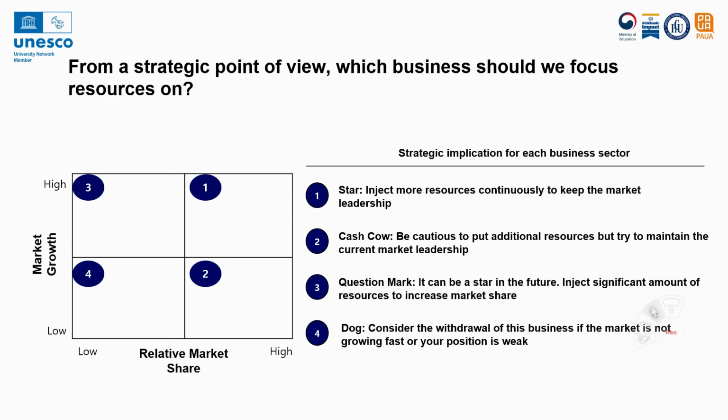You may say that you have to spend a lot of money to gain the market leadership position, so moving from your position of 4 to the position of 2 in cash cow. Yes, that's right. But there is a risk that the market is not growing as fast in the near future. That's the difference between the question mark business sector and the dog business sector.